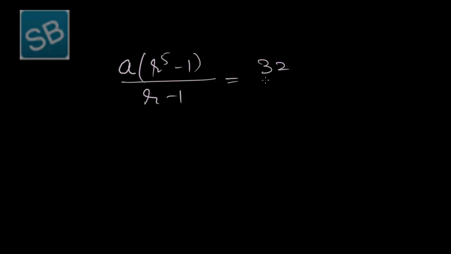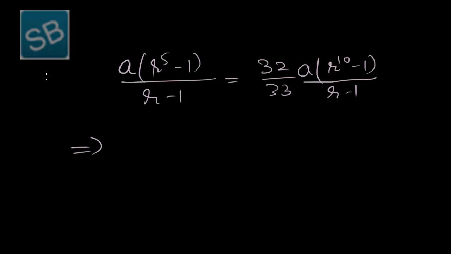That is, by the formula of sum of series, A into R raised to power 5 minus 1 over R minus 1 is equal to 32 over 33 A into R raised to power 10 minus 1 over R minus 1.